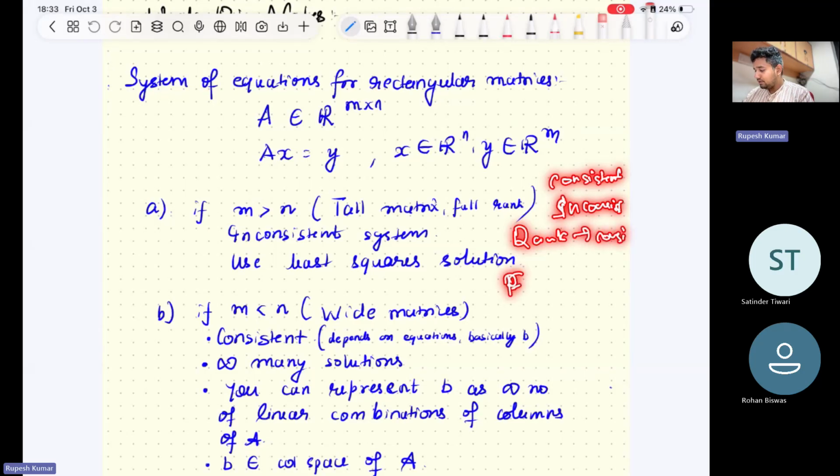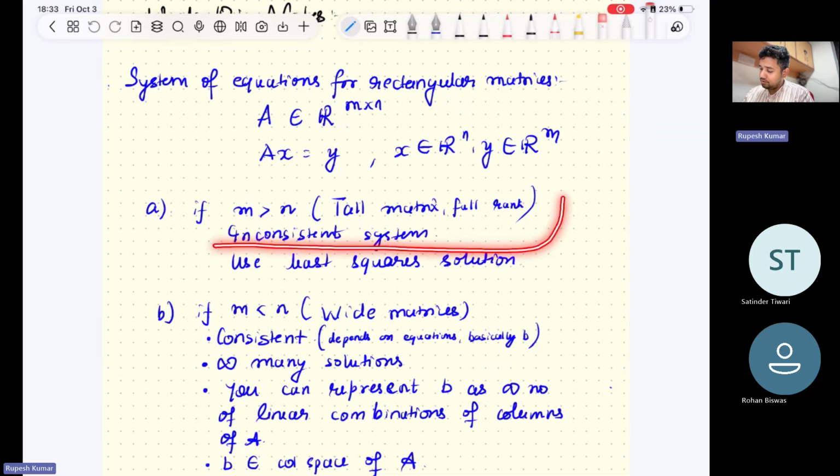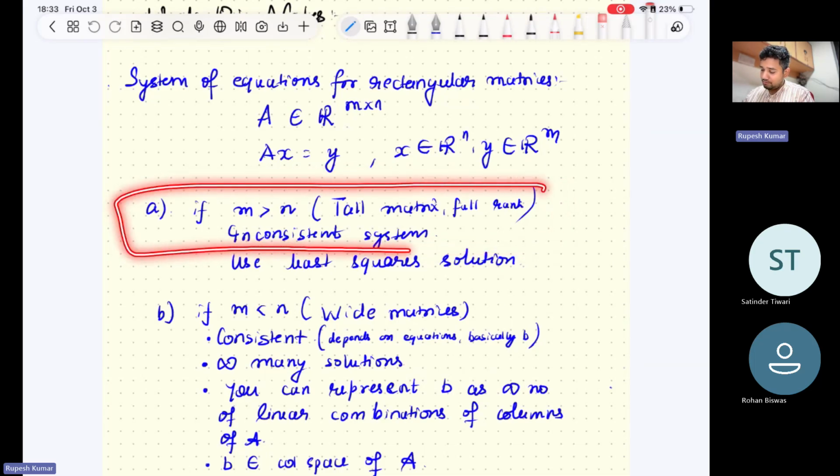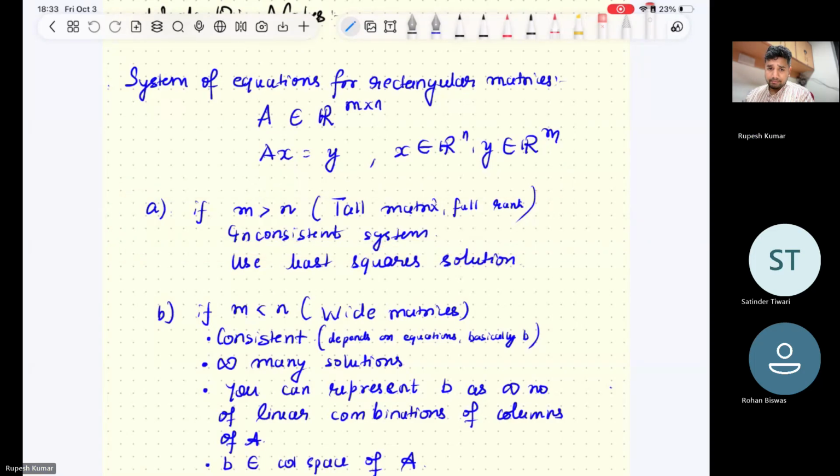If it's full rank, then it will for sure be inconsistent. It is clear, everyone, why it will be inconsistent? You won't get a solution for this system of equations. Everyone, do you agree with this? Yes, sir.